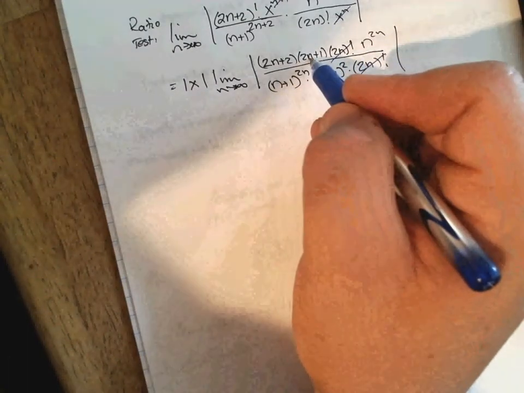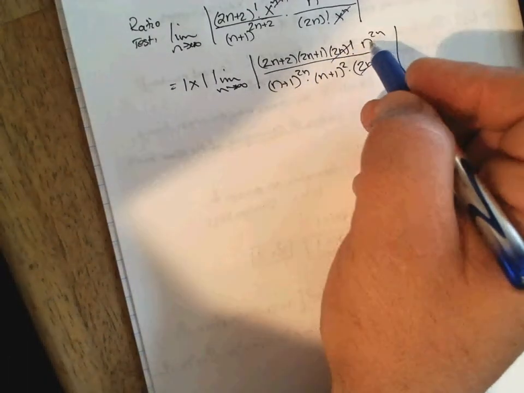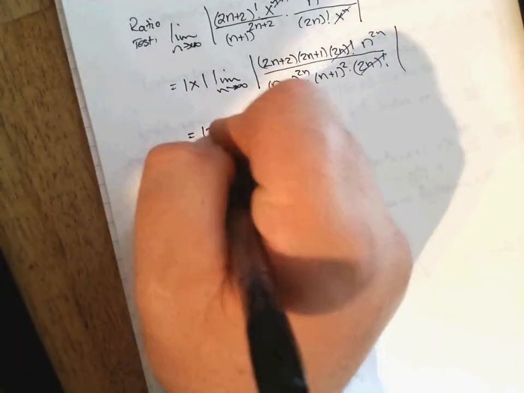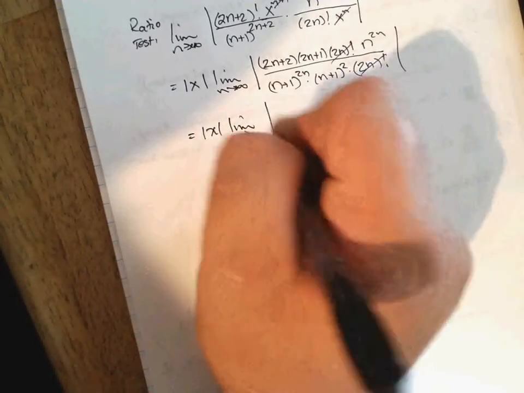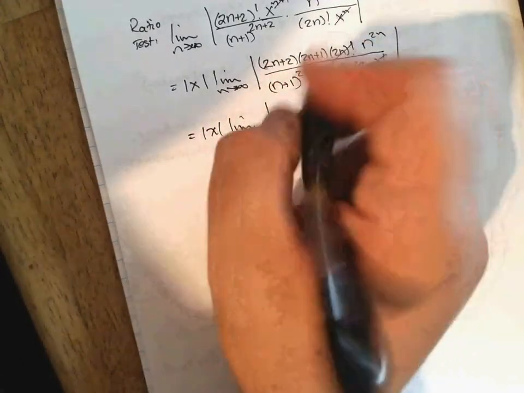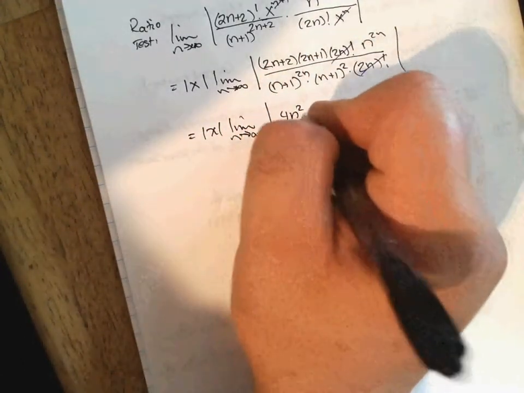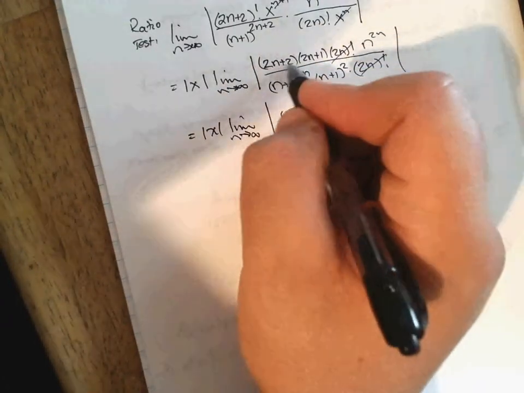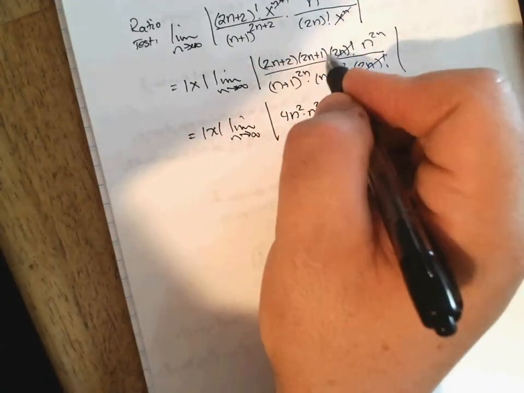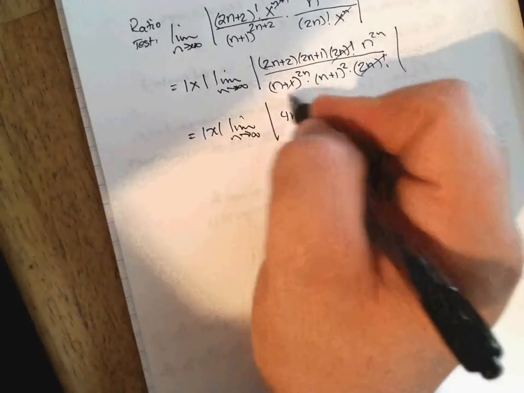Now, what happens as n goes to infinity? Well, you've got a 2n times a 2n. Okay, so that's a 4n squared times n to the 2n. Let's write that out just to make sure it's clear for everyone. 2n times 2n times n to the 2n.